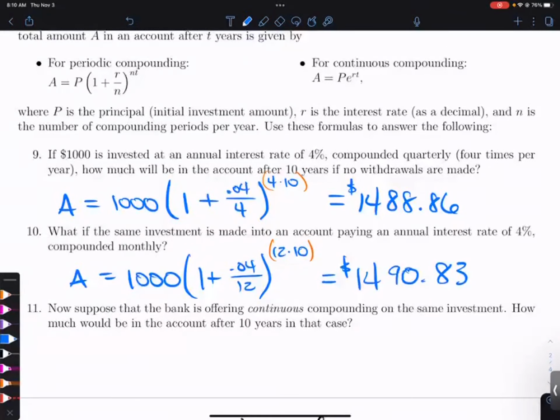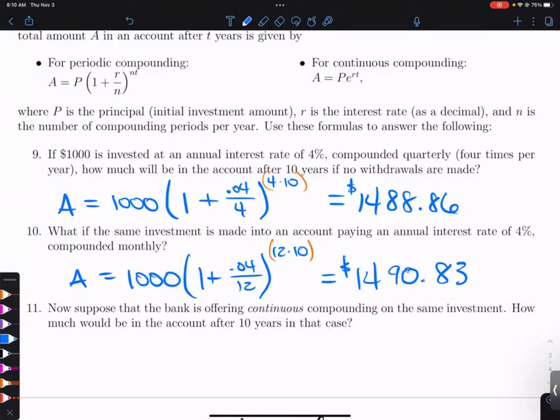Okay, so what do you notice? Interest rate was the same, time frame was the same, amount of money I started with was the same. Interest calculation happens a little more often, and we ended up with a little bit more, right? Not a lot more, a little bit more. Generally, the idea is when you do that interest calculation, it's okay, what's 4% of what's in the account? Okay, add that on. The annual interest rate is 4% per year.